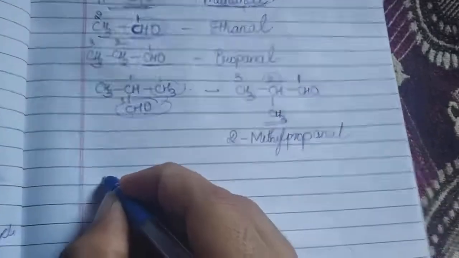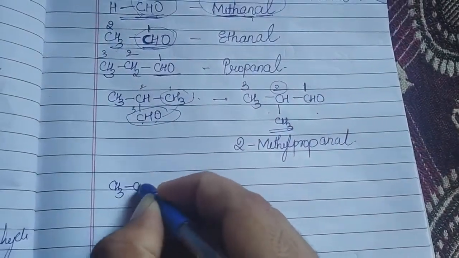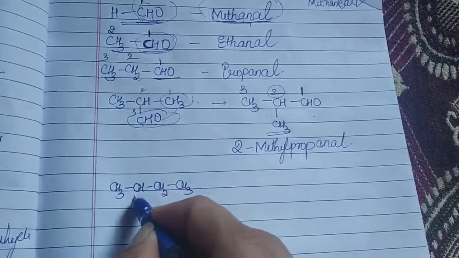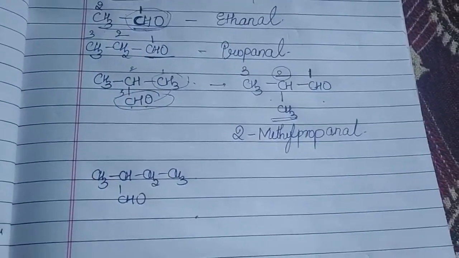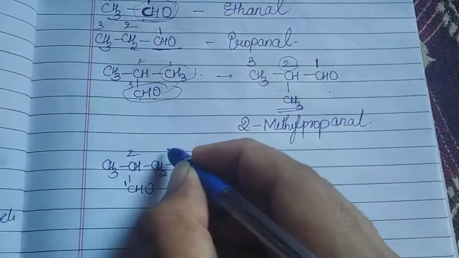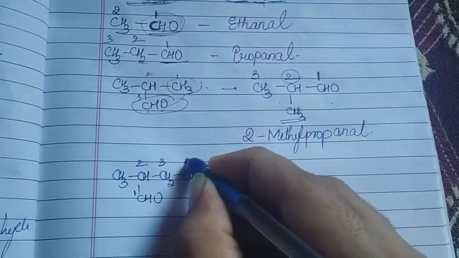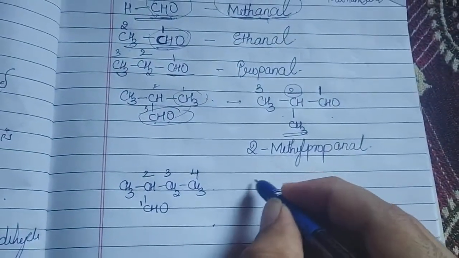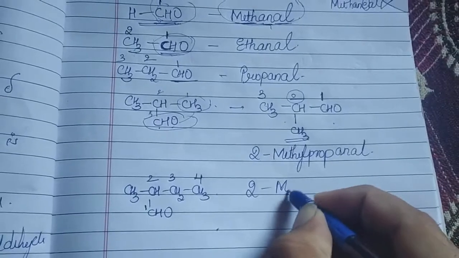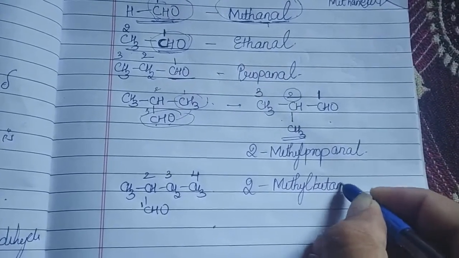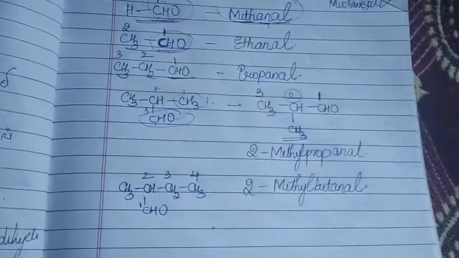Let us now deal with one more. CH3, CH, CH2, CH3, CHO. How can I number this? 1, 2, 3, 4. Yes or no? So I can write it as what now? Very good. 2-methylbutanal. 2-methylbutanal. Okay.